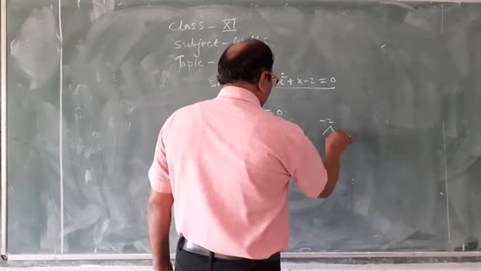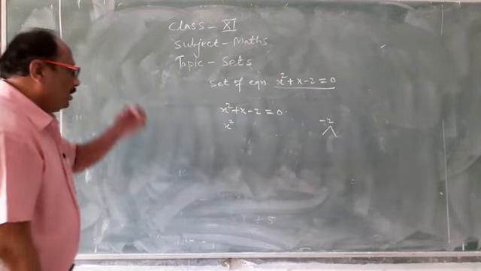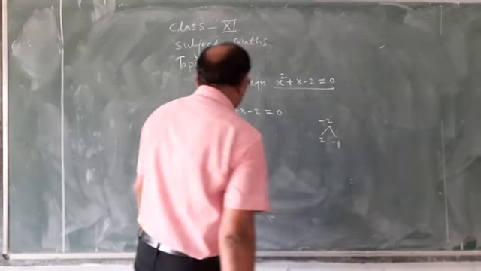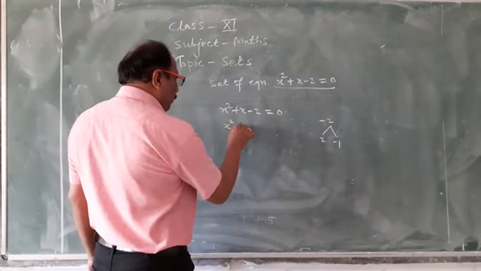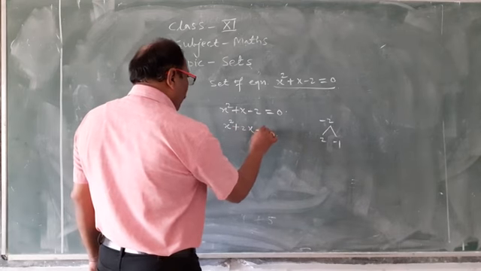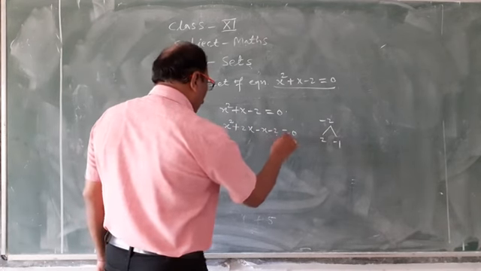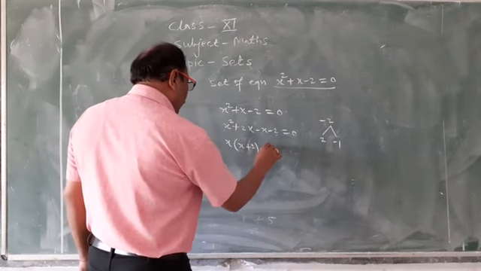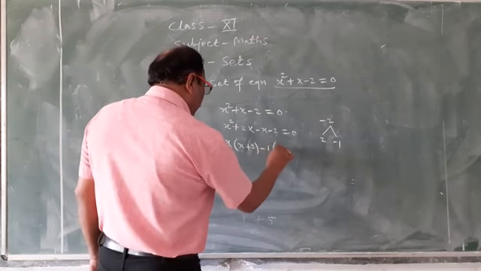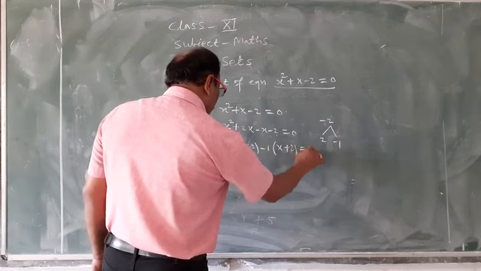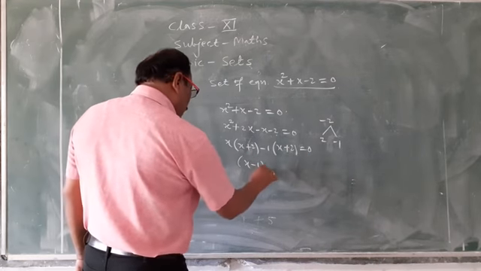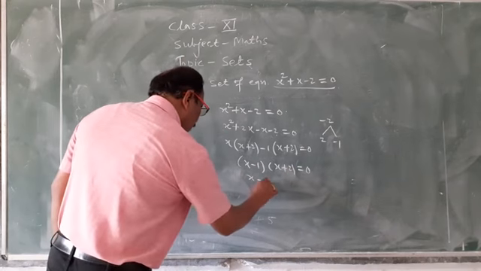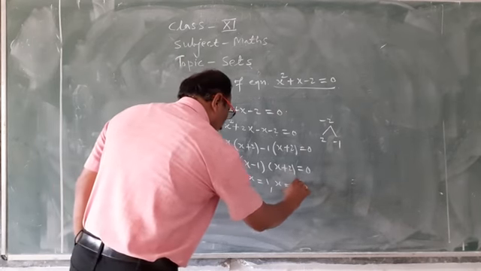Minus 2 can be factorized as plus 2 and minus 1. Therefore x square plus 2x minus x minus 2 is equal to 0. x we take common, x plus 2 minus 1, x plus 2 is equal to 0, means x minus 1, x plus 2 is equal to 0, means x is equal to 1, x is equal to minus 2.